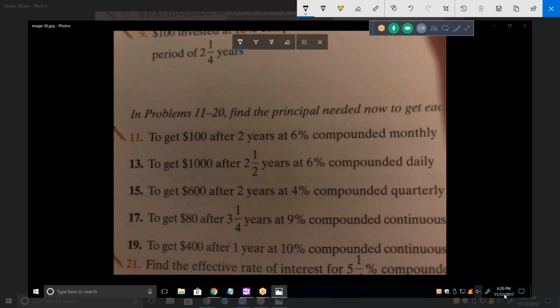Not sure what it means. Me neither. Find the effective rate of interest. Well, what we're going to get is that 5 1/4? 5 1/4%, yeah. Compounded what? Quarterly? Yeah.